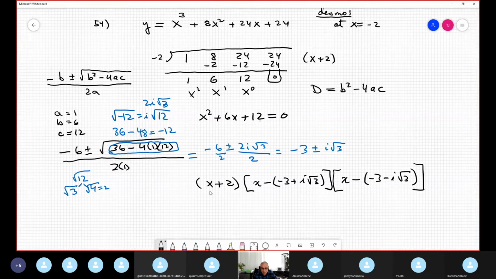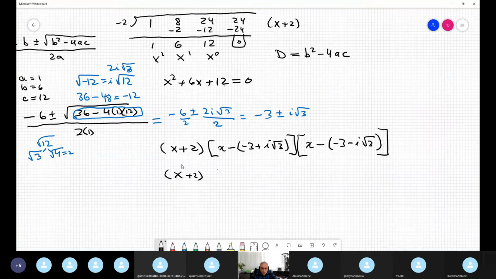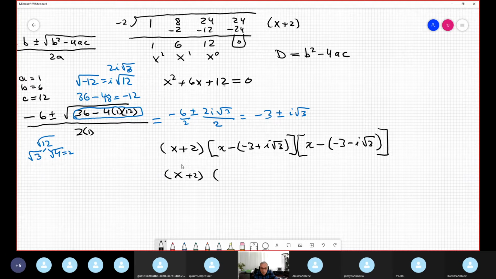Well, you can. However, much better is x plus 2, with brackets, not parentheses, because I want to remove this parenthesis: x plus 3 minus i radical 3, and x plus 3 plus i radical 3. End of the story.